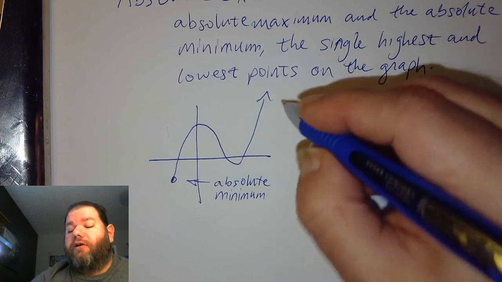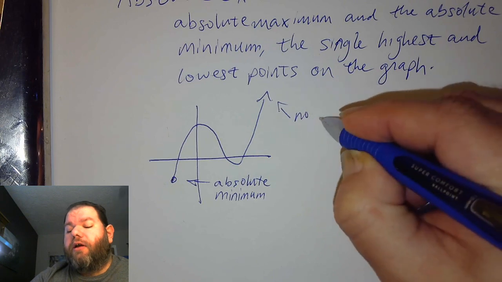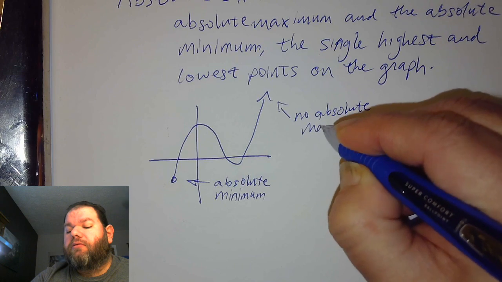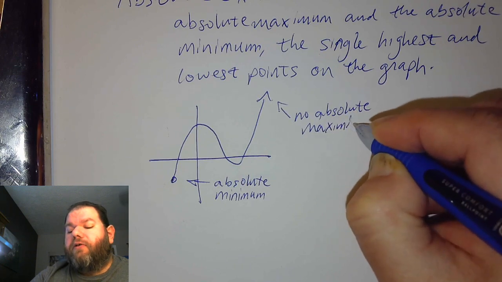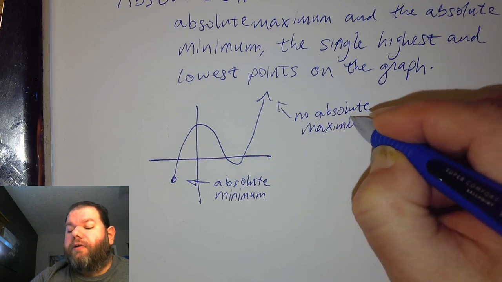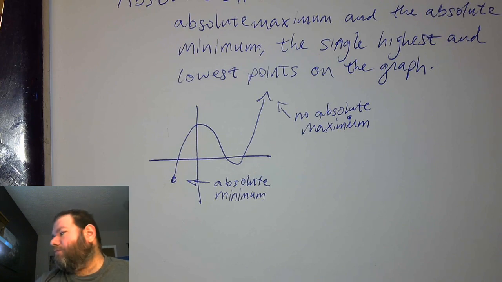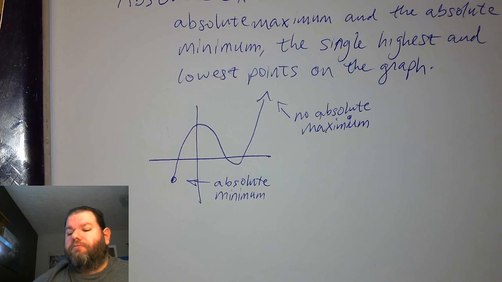Because we have the arrow here, we would say there's no absolute maximum. Because there's no one point that we can say is higher than all others in that graph, because as soon as we pick a highest point, there's going to be one further than that, because the arrow just keeps going on and on. So in this particular graph, we have a minimum, but no maximum.